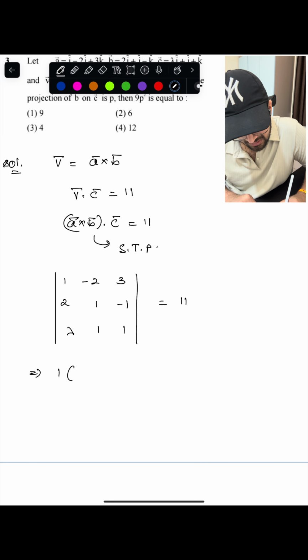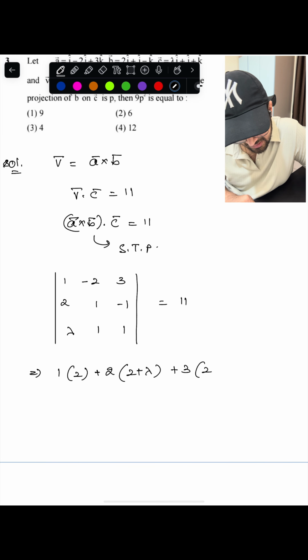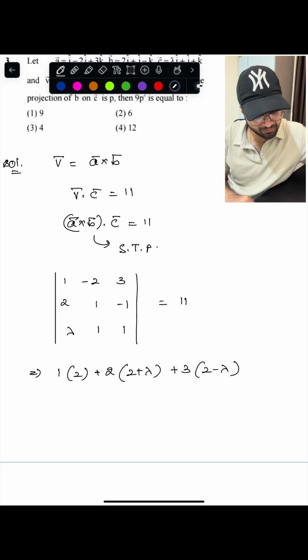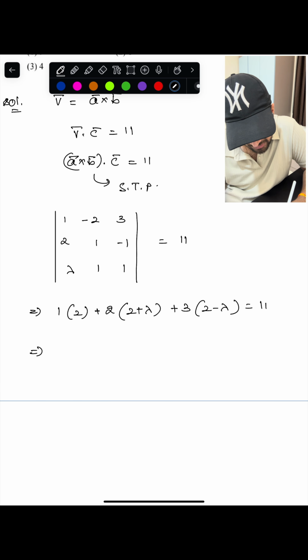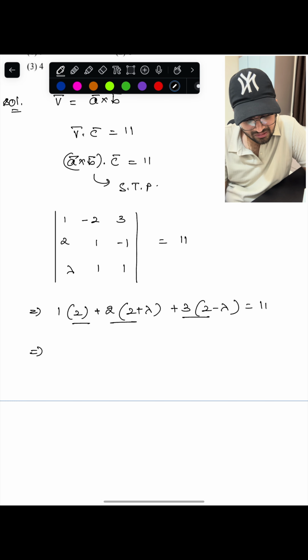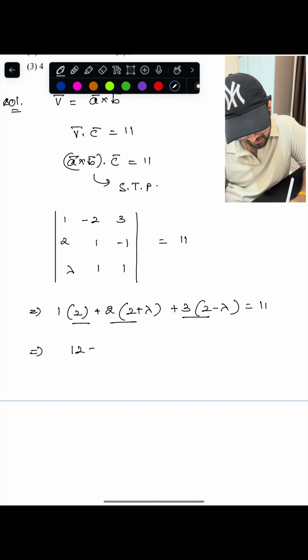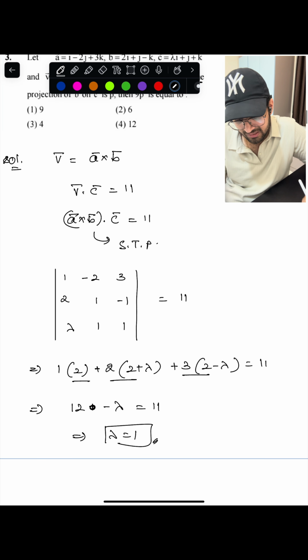Now calculate it. 1 into (1 plus 1) is 2, minus 2 into (minus of minus, plus) you will get 2 plus lambda, plus 3 into (2 minus lambda), equals 11. Now calculate it. 2 plus 4 is 6, 6 plus 6 is 12, 12 plus 2 lambda minus lambda, so you will be getting 12 minus lambda equals 11. So lambda you are getting as 1. So clearly lambda is 1.